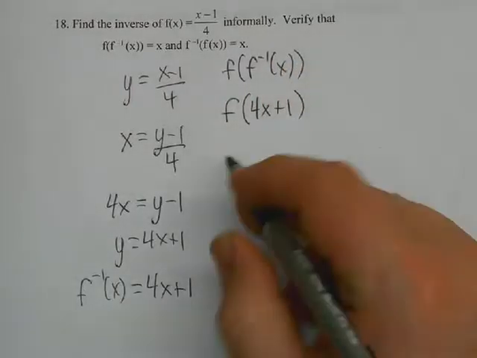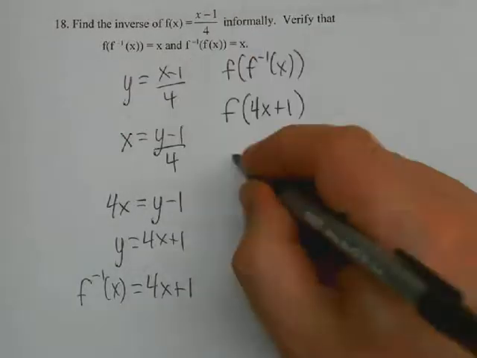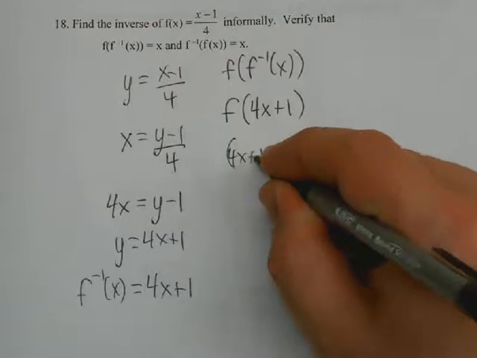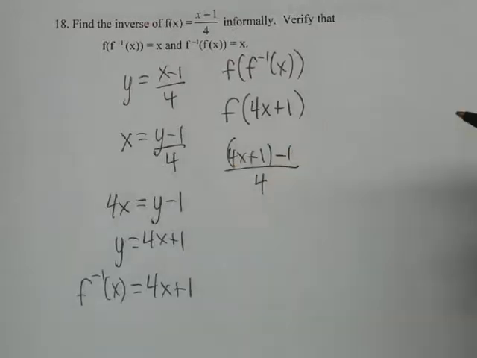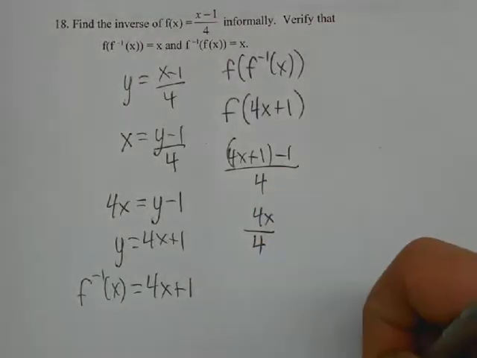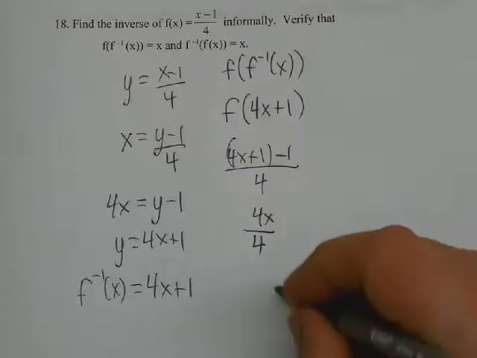So we get 4x plus 1 minus 1 all divided by 4. Combining like terms, we get 4x over 4, and we know that 4x divided by 4 is x.